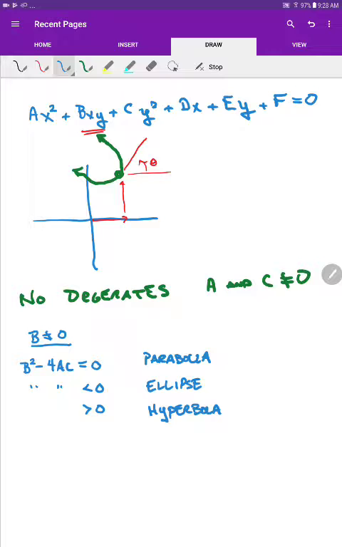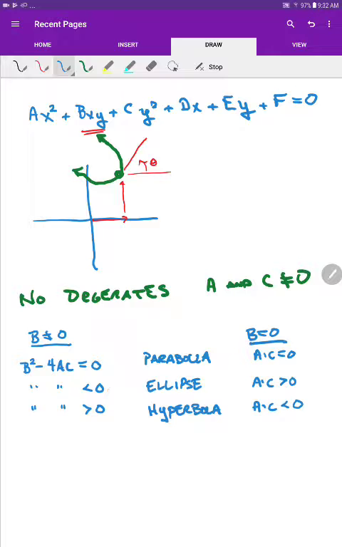Now, if we don't have this coupling term, in other words, if b is equal to 0, then you can see this relationship reduces to just A times C. Not less than, actually A times C is greater than 0 for the ellipse, because it'll be a negative, and when we divide by -1, that'll flip the sign, and A times C is less than 0 for our hyperbola.